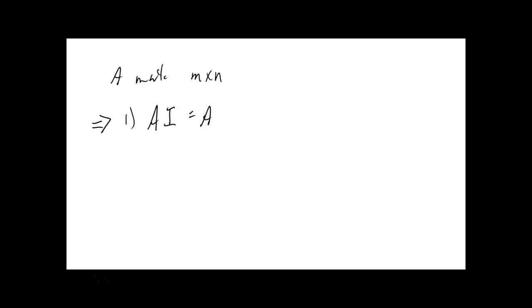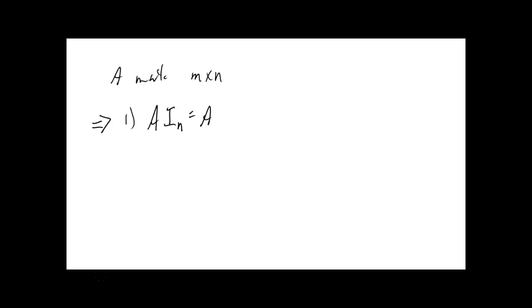N. Yeah, has to be N because this is an M by N, so this has to be an N by N, so this comes out being an M by N as well. But it's not just any old M by N, it's identically the same matrix as you have.